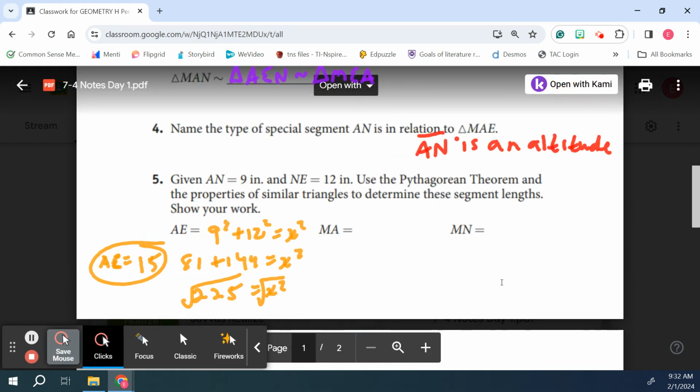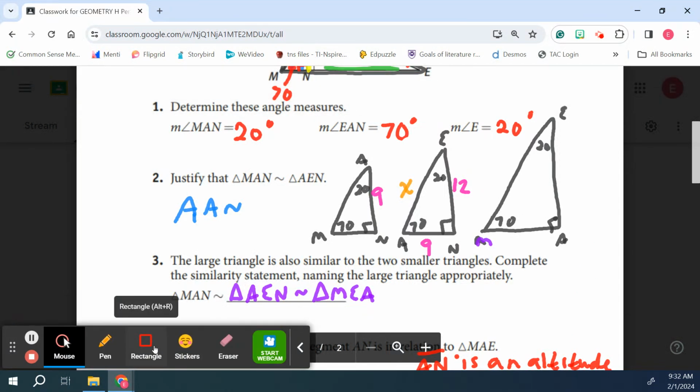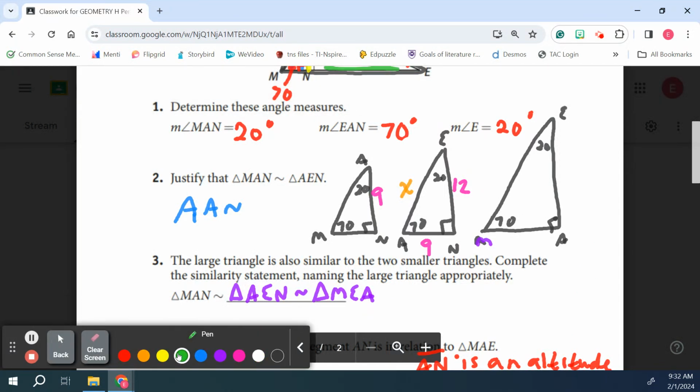All right, let's take a look at MA. So MA is right here. So I'm just going to label that Y. Now, I don't have MN. But I do have quite a bit of information that will help me here. I have that this is, I'm going to write that in.